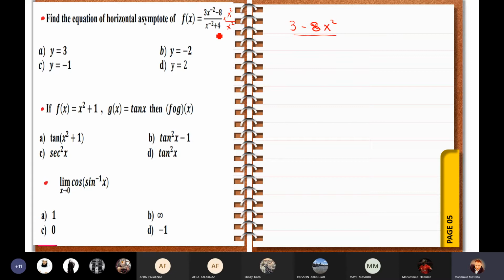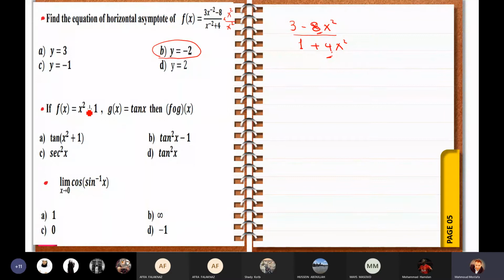Down: x to the power negative 2 multiplied by x to the power 2 is 1, plus 4x squared. Now we can divide negative 8 by 4, because the order is the same, x to the power 2 and x to the power 2. So the horizontal asymptote will be negative 8 divided by 4, which is negative 2. Easy? Okay.